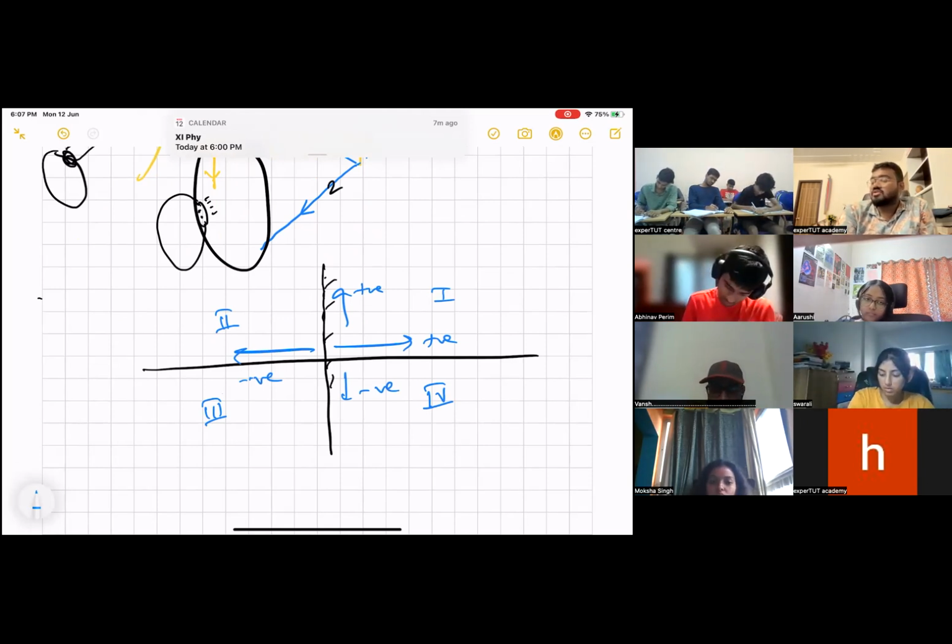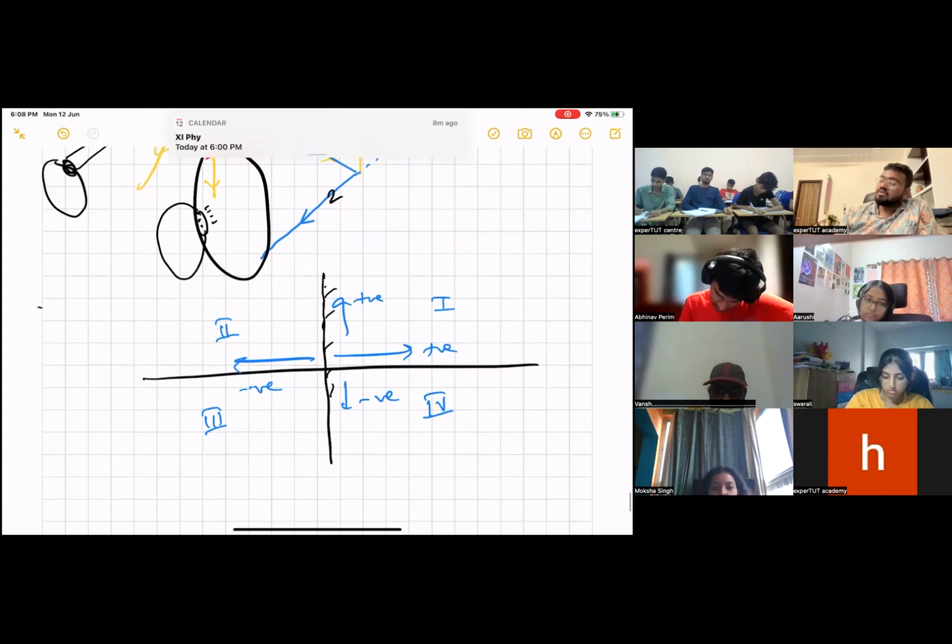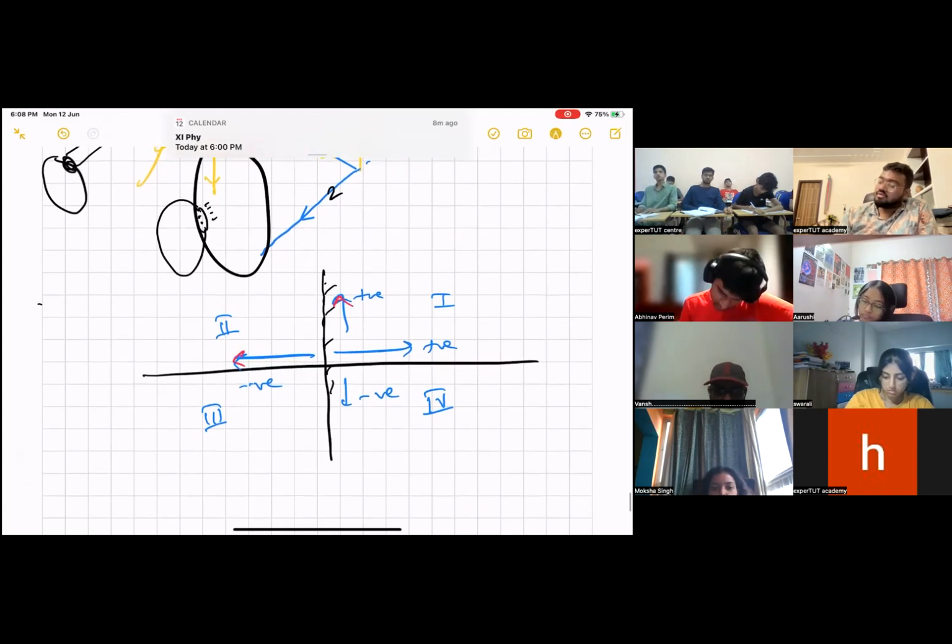First, second, third, fourth quadrant. Right is positive, up is positive, left is negative, down is negative.